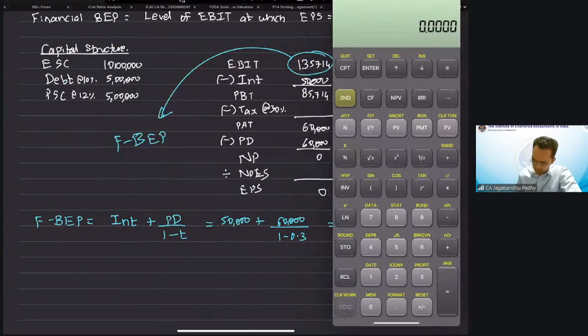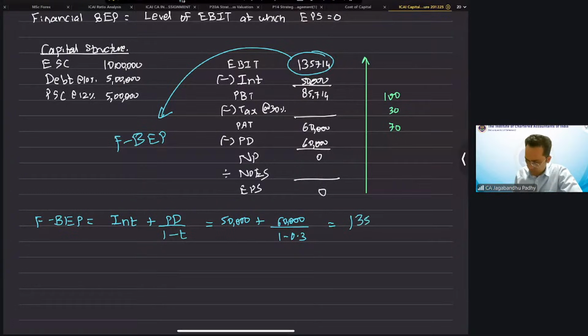So this works out to be what? 60,000 divided by 0.7 plus 50,000. As you can see, 135,714. This is the way to calculate the financial break-even point. Good.